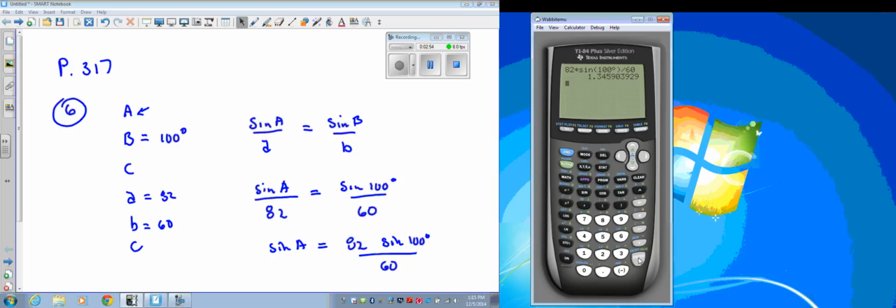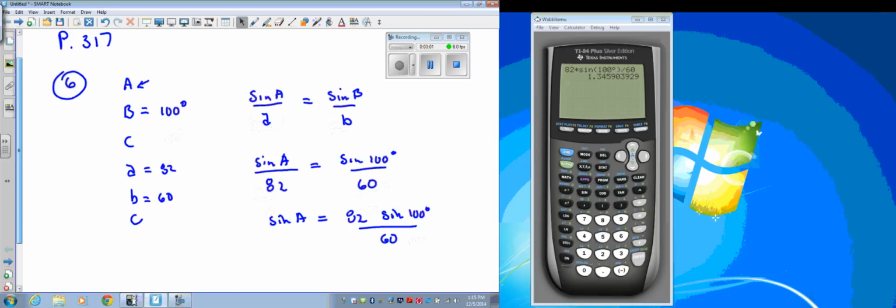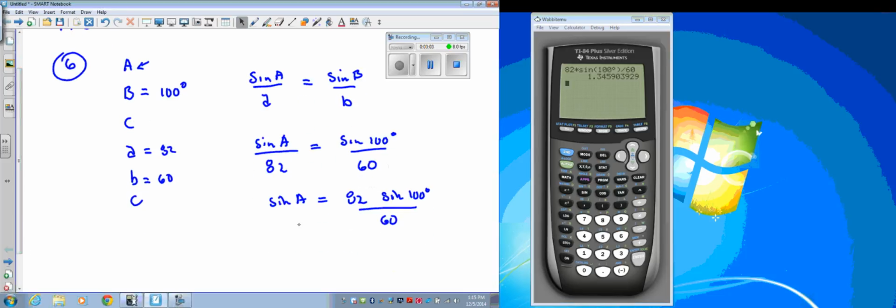Okay, so can I have the sine of A equal 1.3459? Is that possible? No, sine has to be between 1 and minus 1.